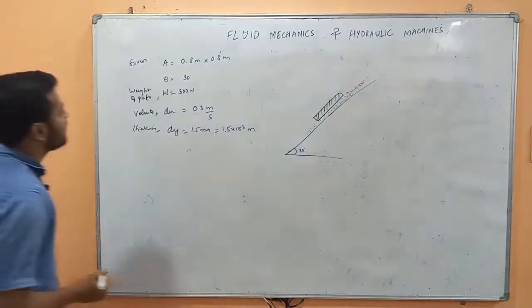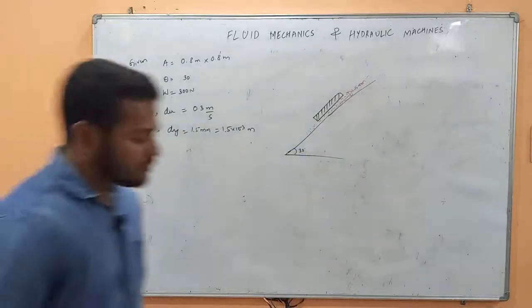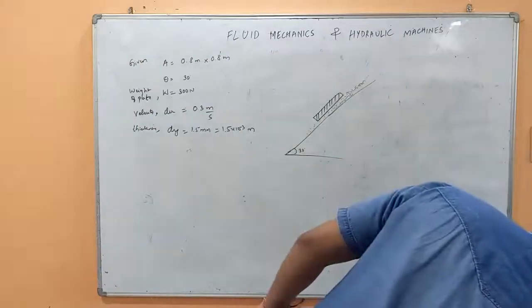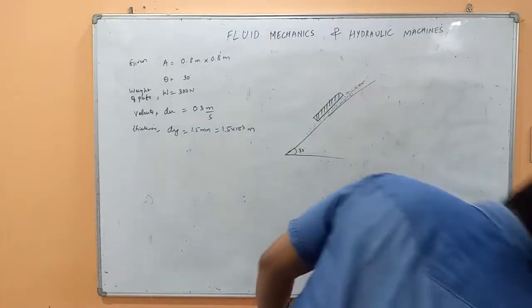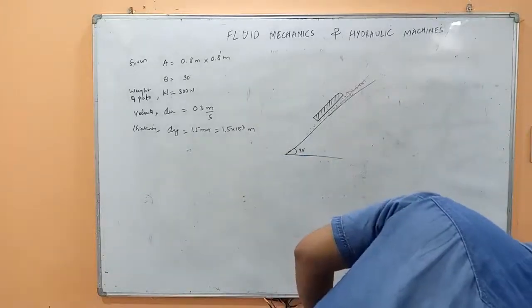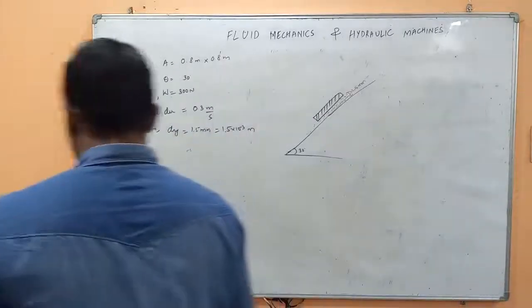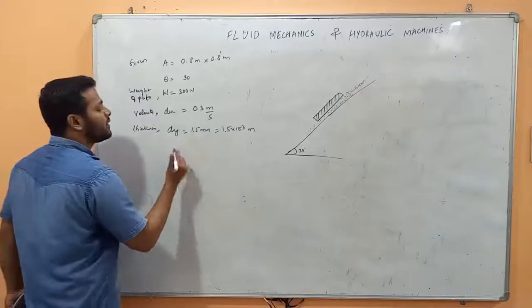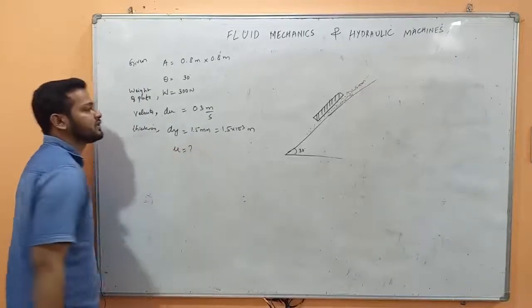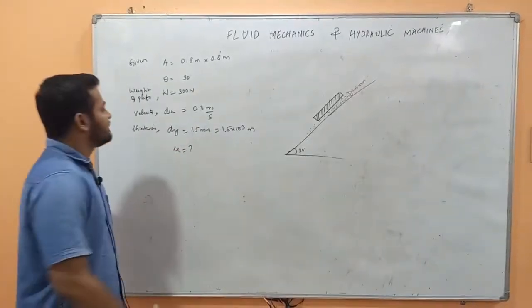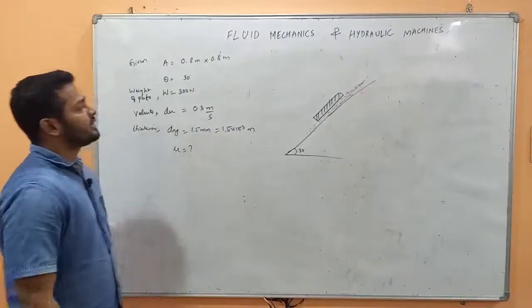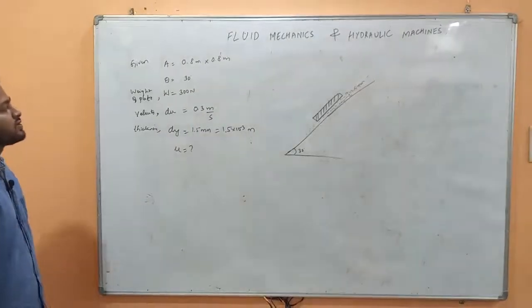What we have to find out? Velocity gradient. Okay, is it velocity gradient? No, dynamic viscosity, mu. We have to find out mu, viscosity. If this plate is moving with a velocity of 0.3 meters per second, the weight of the plate is given in the question.